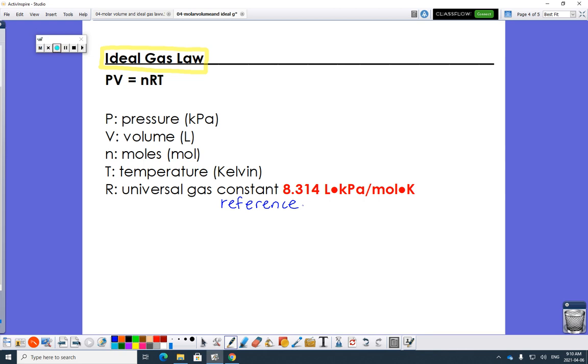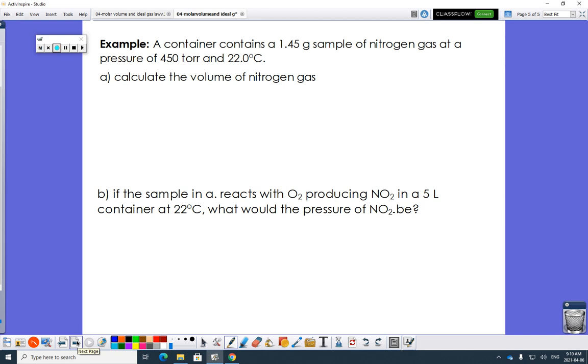So this question, the good thing about it is that we're going to write a reaction, we're going to write the formula for nitrogen gas, we're going to do stoich, so it kind of reviews a whole bunch of topics that are important, okay?